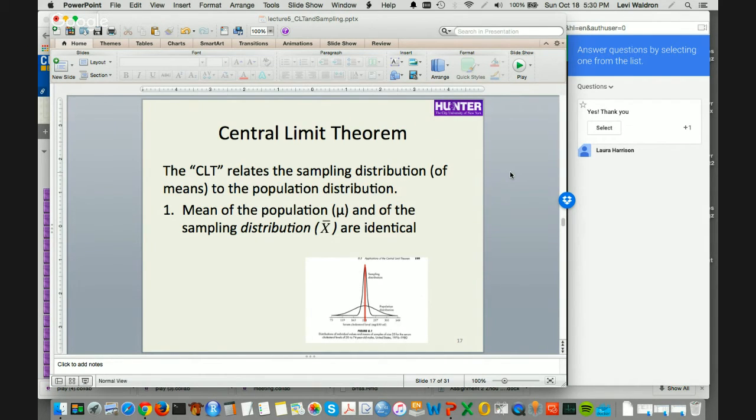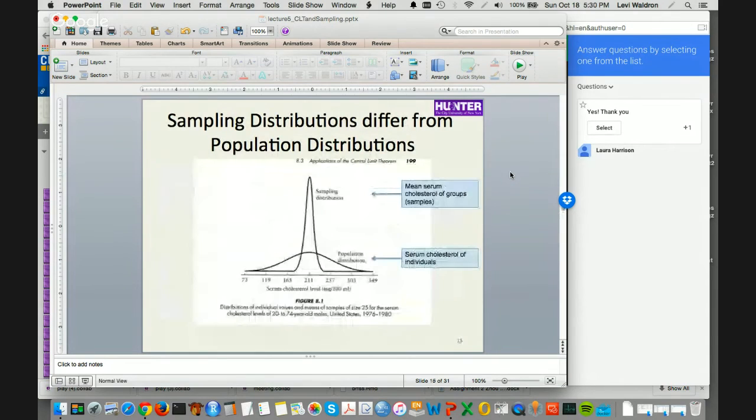I just covered some of the basics of the idea behind the central limit theorem, and maybe I'll back up a bit since we were missing video here. This picture visually summarizes the central limit theorem. The central limit theorem relates a sampling distribution to a population distribution, where a population distribution is something like the ages of runners or the serum cholesterol of individuals.